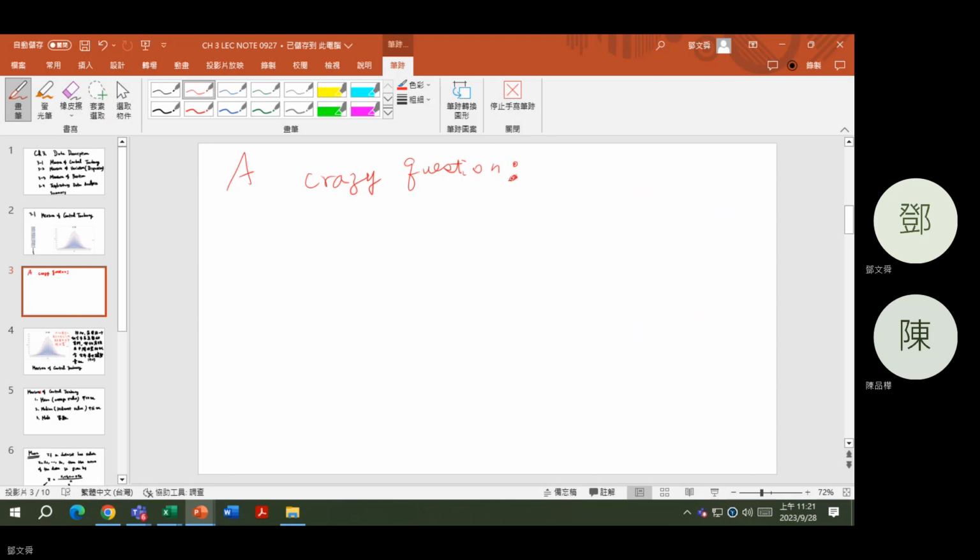Can we use just one value, one number, to represent the whole data set?